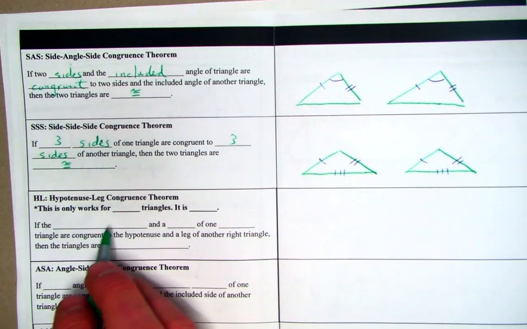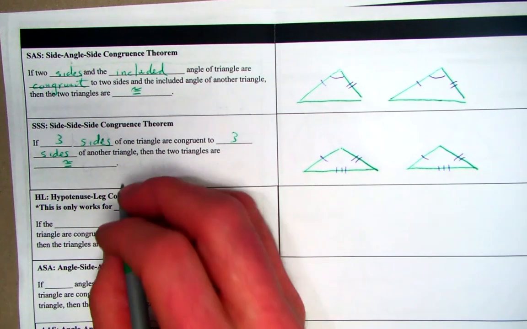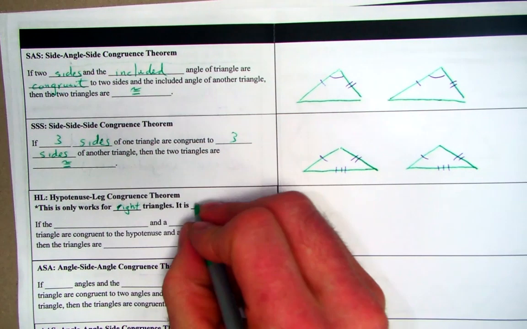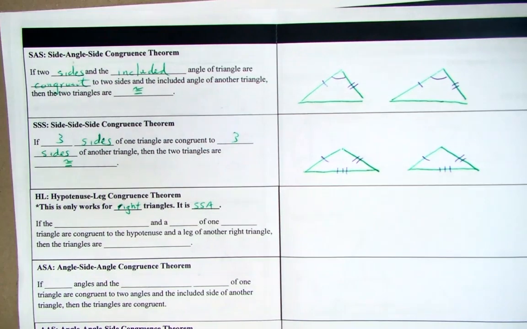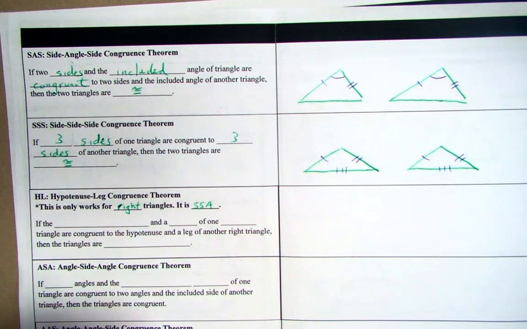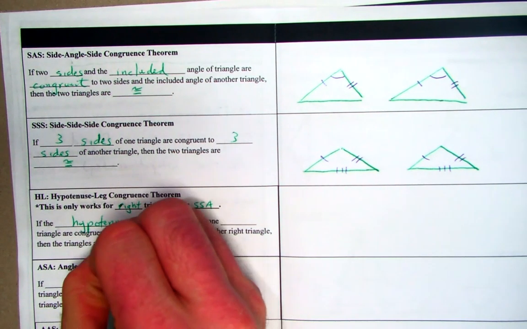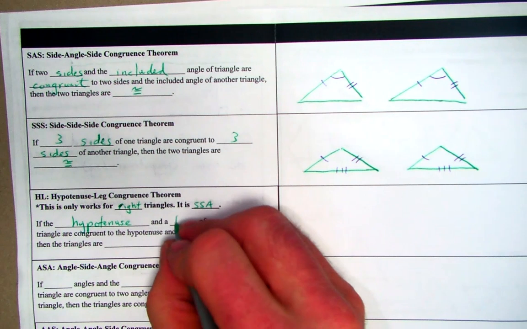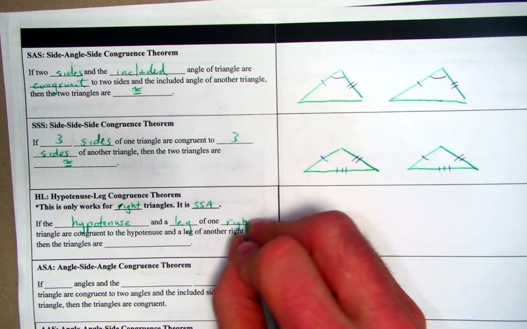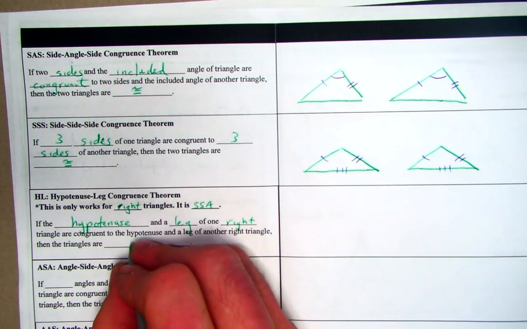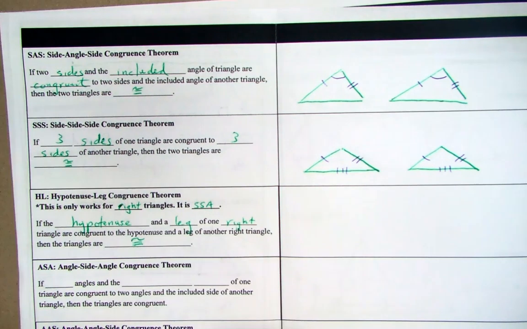Okay, the hypotenuse-leg congruence theorem only works for right triangles. This is the hypotenuse-leg criteria. And the idea is if the hypotenuse and the leg of a right triangle are congruent to the hypotenuse and leg of another right triangle, then the triangles are congruent.